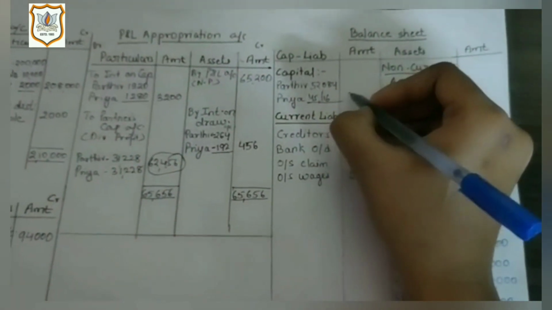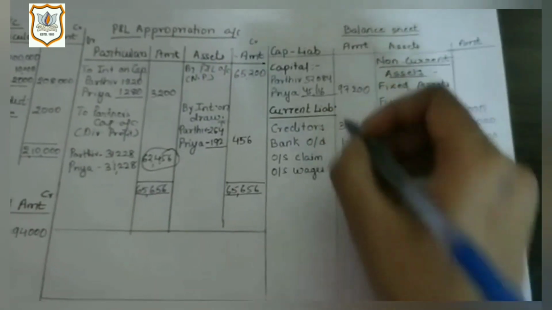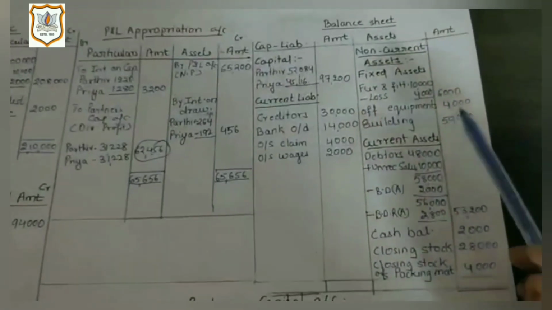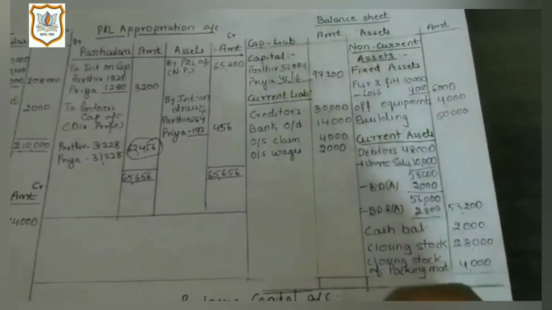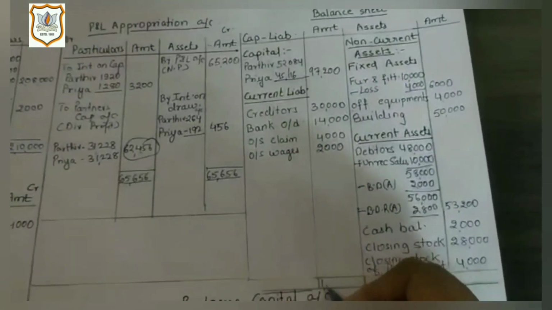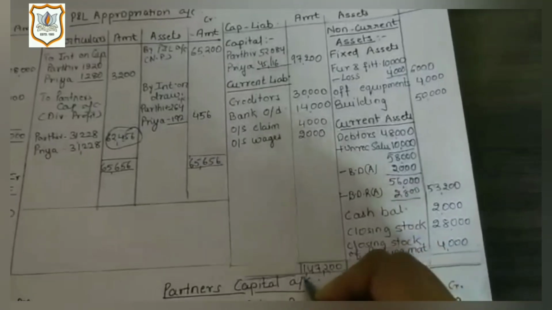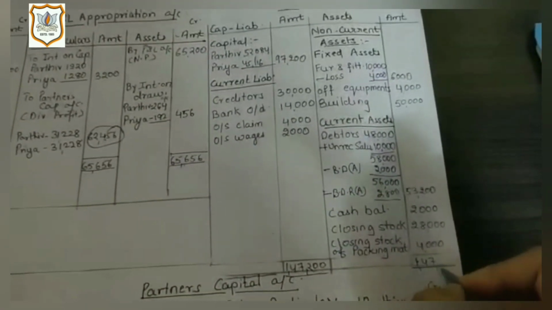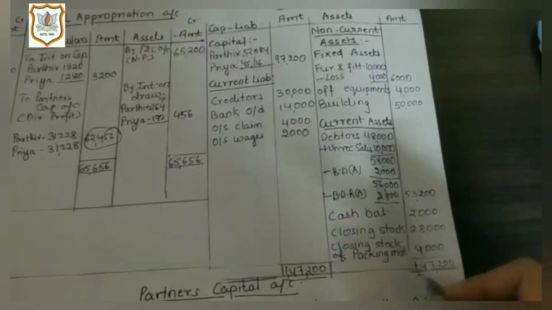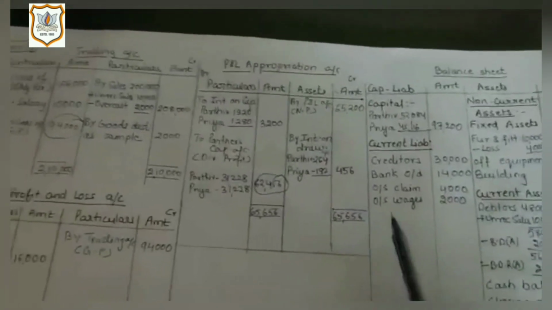Total will be 97,200. Now total of asset and liability side of the balance sheet will get tallied with the amount 1,47,200. Now this was question number 9.